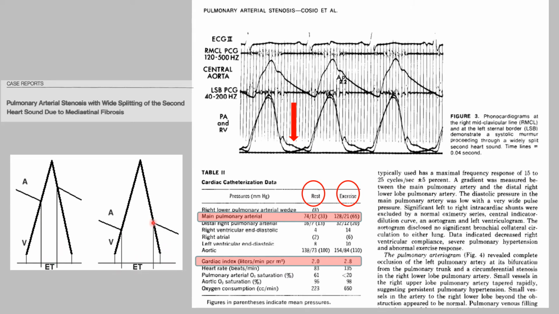Now, when you have the same situation where your diastolic pressure in the pulmonary artery is very low, then what happens is that the right ventricle starts ejecting, and very soon it opens the valve, and it keeps the valve open as the pressure decreases, and very late does it close the valve. So if you overlap those two, you're going to see that the ejection time for the right ventricle is going to be much larger than the ejection time for the left ventricle. And this is the reason that you have the splitting.